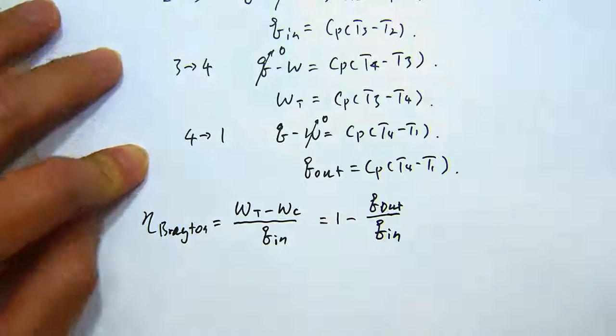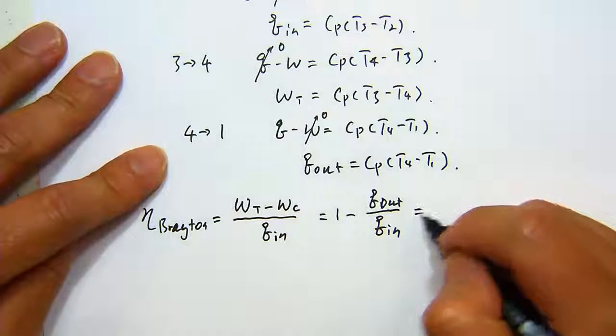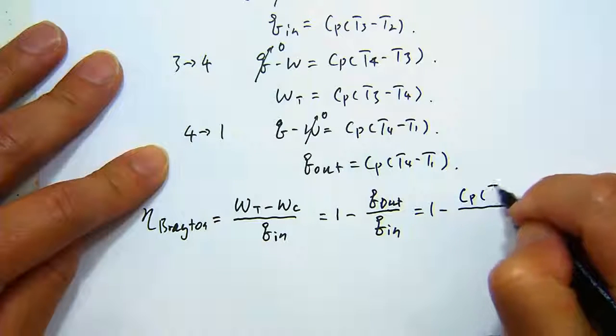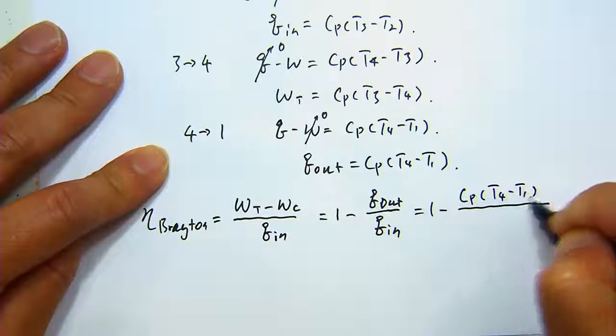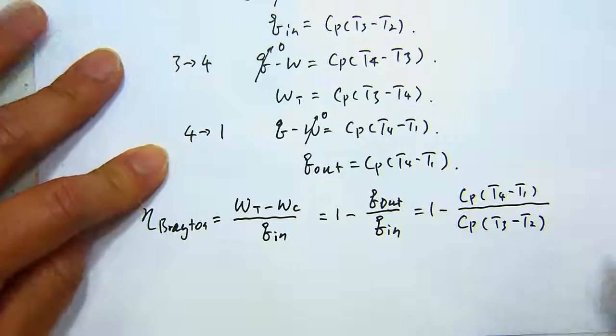Basically the net work equals the net heat transfer. Right, so if we do that, we can bring in the energy terms we derived here. So that will be Cp (T4 minus T1) over Cp (T3 minus T2).